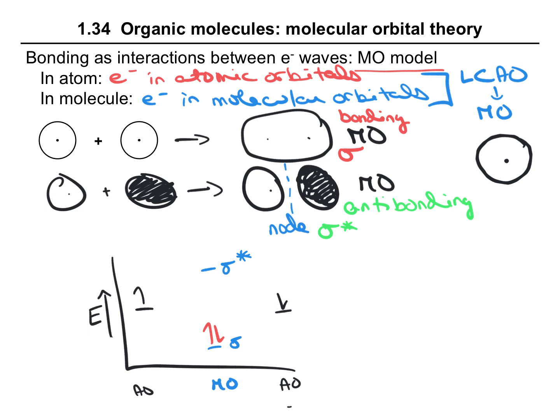What we see here is that having the atoms together and having those electrons in the molecular orbital is more stable than having those atoms individually. And so bonding occurs because the electrons are more stable in the molecular orbital than in atomic orbitals.